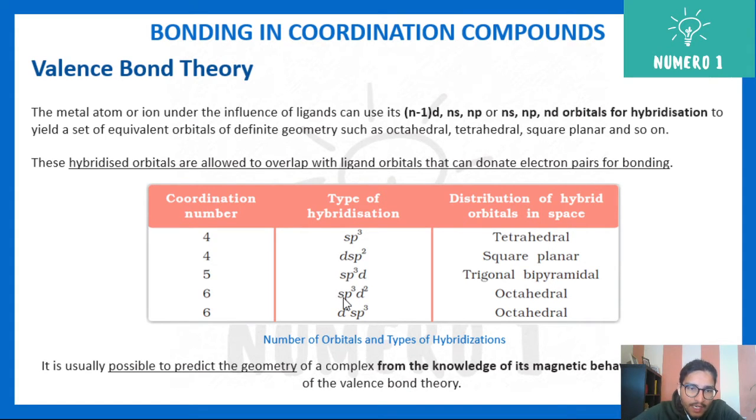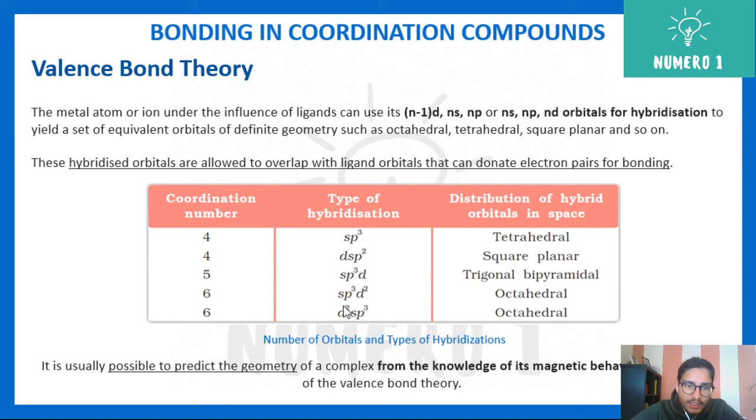Now, note that sp3d2 simply means the 3s orbital, 3p orbital, and 3d orbital, where n is the same. Whereas this one here uses the 3d orbital, 4s and 4p. Okay, I made a mistake here. It should be 4s, 4p, and then 4d orbital. That is the first series.